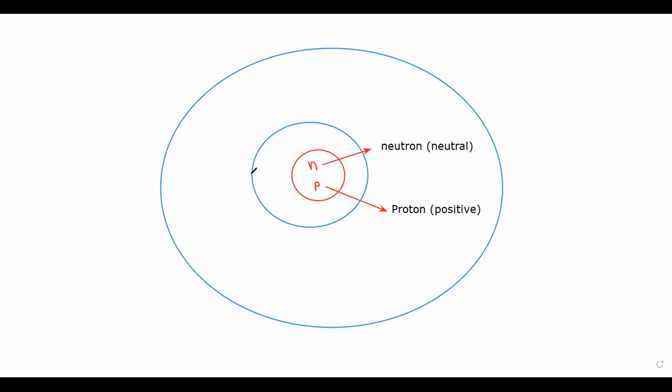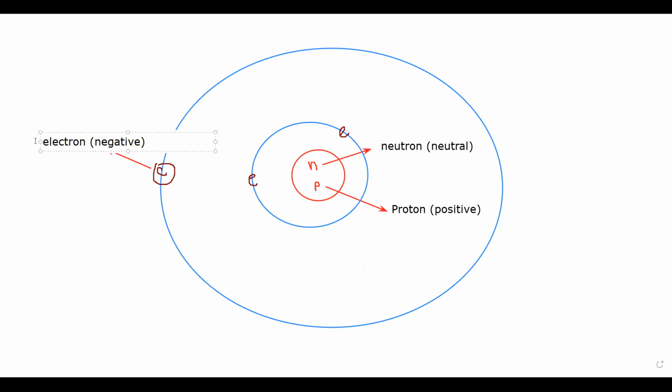And inside this shell, there is another particle known as electrons. So electrons are actually revolving around the nucleus. What is the nature of the charge? Neutron is neutral, proton is positive, and electrons are negatively charged.